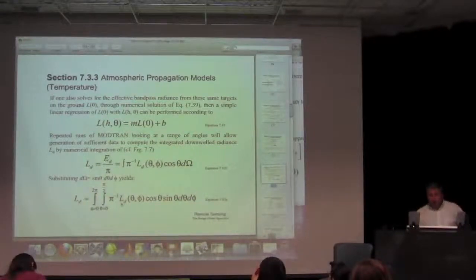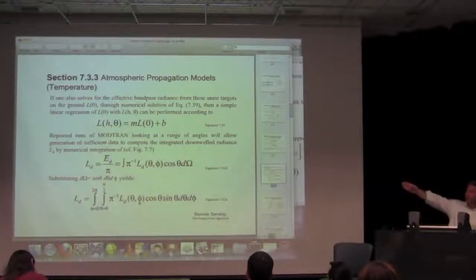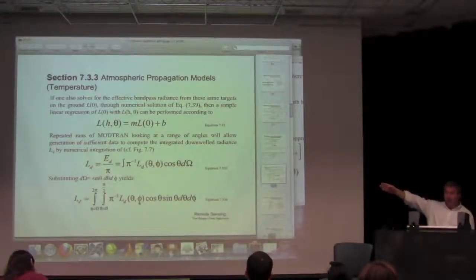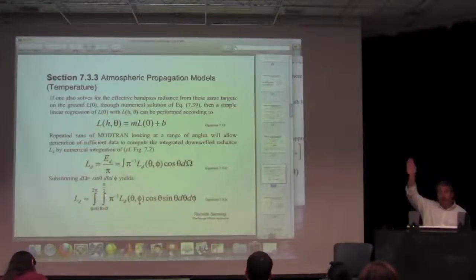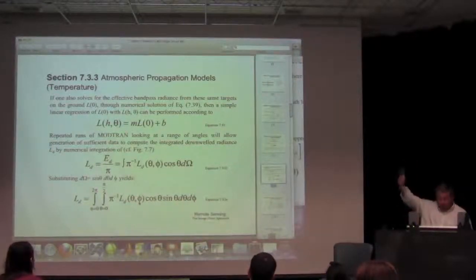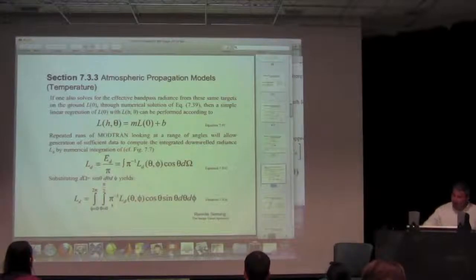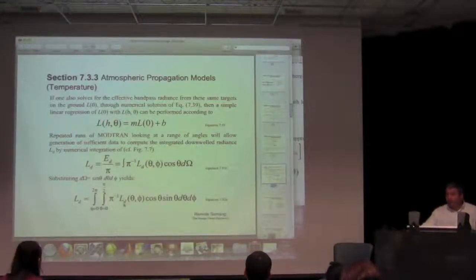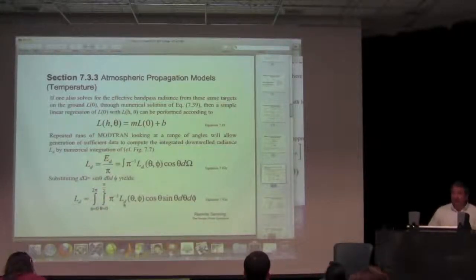By doing that, you can come up with this term right here, L_D(theta, phi). This is when you're looking in a particular direction in azimuth and in elevation, or declination, depending on how you define it. That would be the radiance as a function of wavelength. MODTRAN will give you that as a function of wavelength coming down from the sky at that particular location.